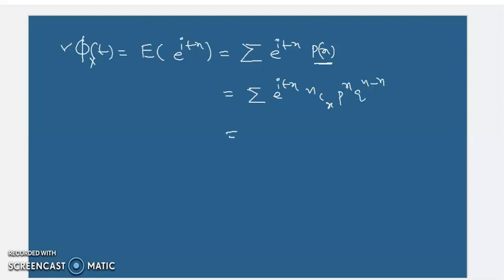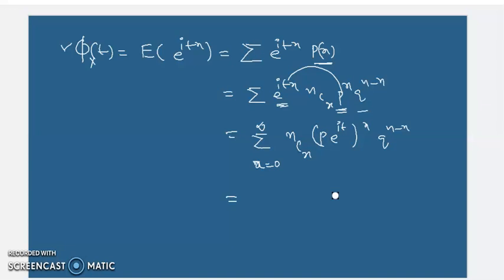So going to simplification here, summation x equal to 0 to n, nCx, here combining p and e^(it), we write (p e^(it)) whole power x, into q^(n-x). That is of the form summation nCr p^r q^(n-r).